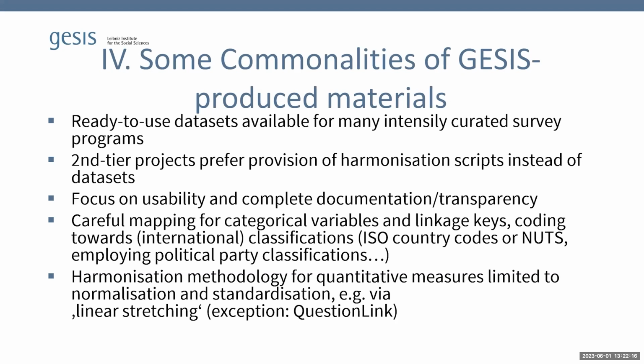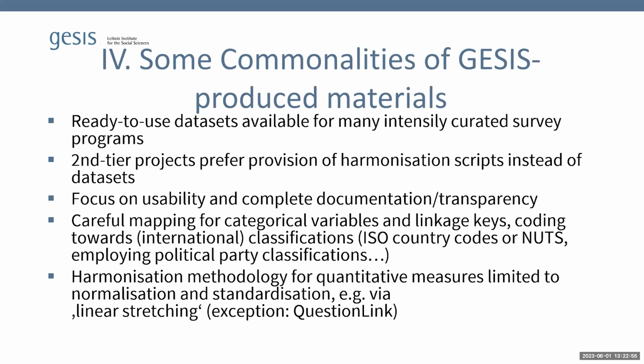What we do to a lesser extent or not at all is employ advanced harmonization methodology on quantitative measures. And that's important to know because you could understand harmonization to mean that we try to optimize the measurement towards equivalence by looking at estimation processes, like again, Ranjit Singh has been employing with an equating approach.